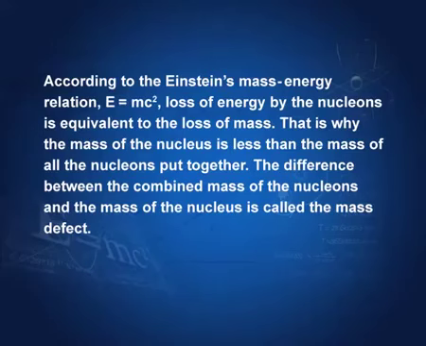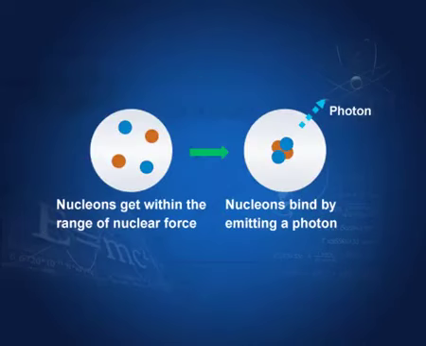So, the difference between the combined mass of the nucleons and the mass of the nucleus is called the mass defect. These 4 nucleons have certain mass, 4 times the atomic mass unit. And incidentally, let me define once again the atomic mass unit.